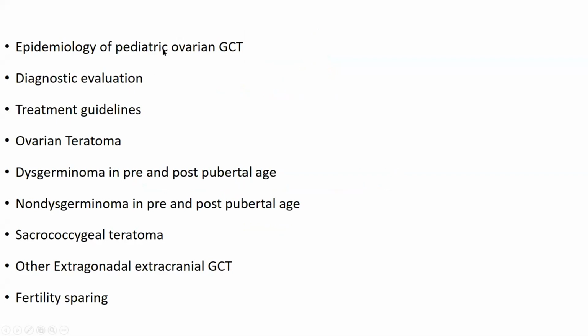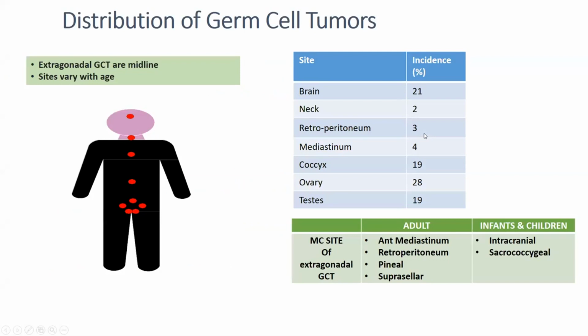I'll cover the topic under these headings: epidemiology, then diagnostic evaluation, treatment guidelines, then ovarian teratoma, dysgerminoma, non-dysgerminomatous tumor, then sacrococcygeal teratoma, then other extragonadal, extracranial germ cell tumors, and finally a few slides about fertility sparing. There will be repetition of a few slides for those who did not attend the last class.